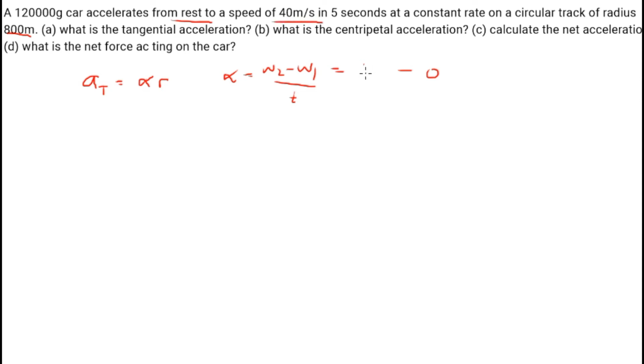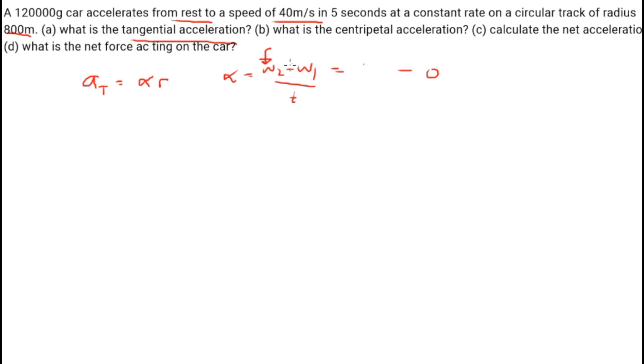No, we will not be able to make use of this formula right here to find the angular acceleration. You know why? Because we are not given the angular speed.